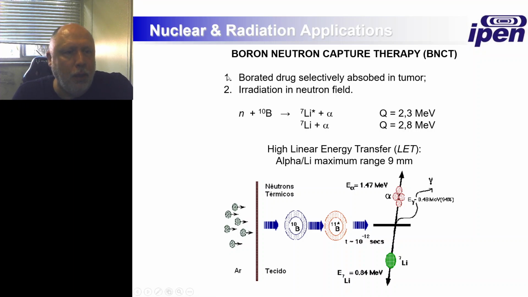So if we could place some drug that's rich in boron inside the tumor and irradiate that in a neutron field, we would produce these alpha particles inside the cancer cells. And this would completely obliterate the cell without really giving too much dose to the next cell. The maximum range of these alpha particles is 9 millimeters, so very, very, very short.